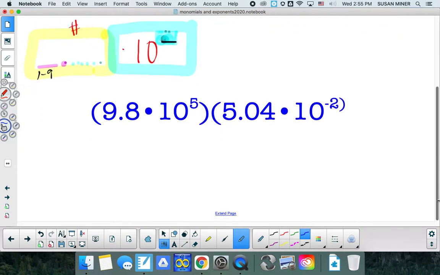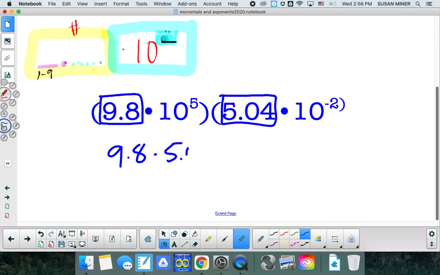Okay, I'm going to grab a calculator really quick, just so that I can multiply my decimals together. The very first thing that I want to do, this is a multiplying problem with scientific notation, is take my constants from the beginning of the problem and multiply those together. 9.8 times 5.04.